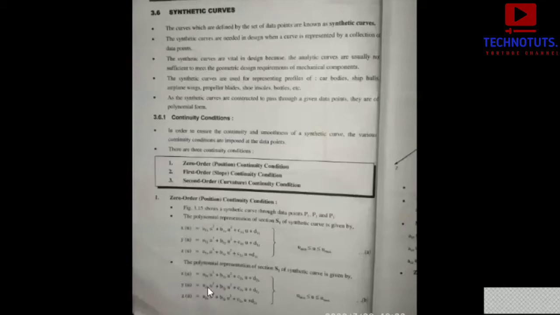Similarly, the y coordinate equation is y of u is equal to a2y u cube plus b2y u square plus c2y u plus d2y. The equation for the z coordinate is z of u is equal to a2z u cube plus b2z u square plus c2z u plus d2z, where the value of u varies from u minimum to u maximum. This equation is for section S2.